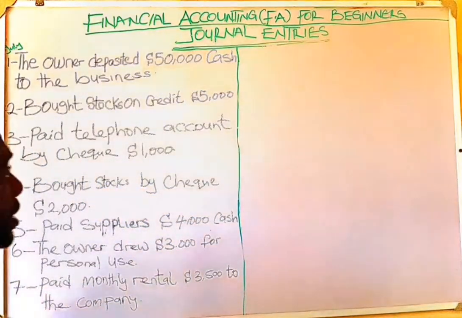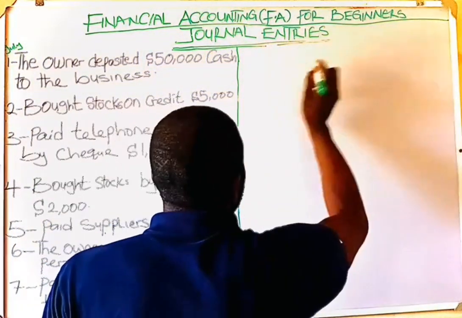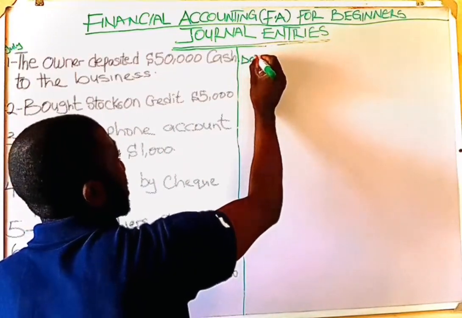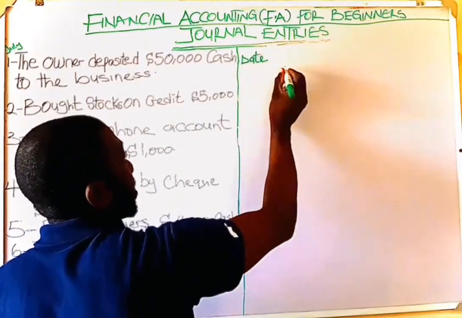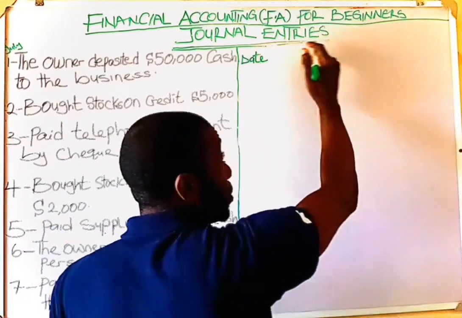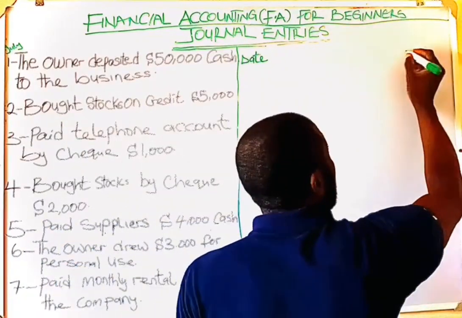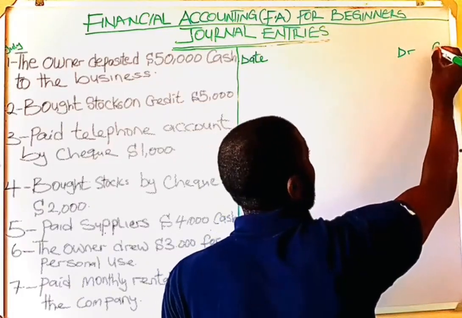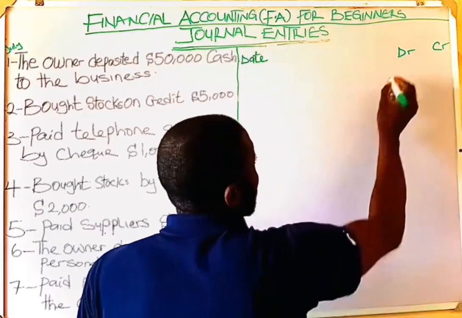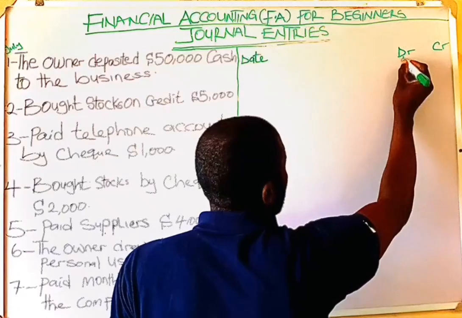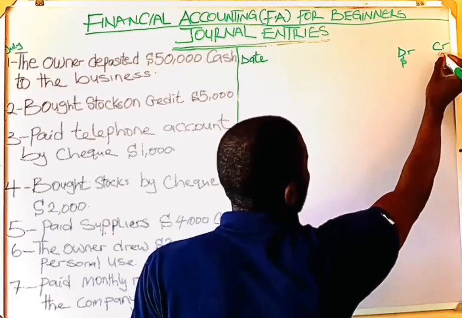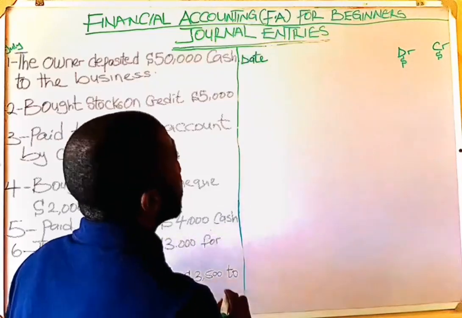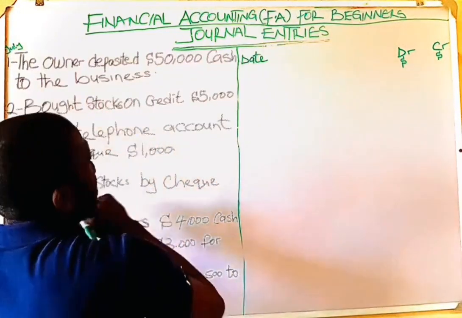Now this is our journal. Say date, then details or particulars, then debit and credit, with your currency, dollar sign.